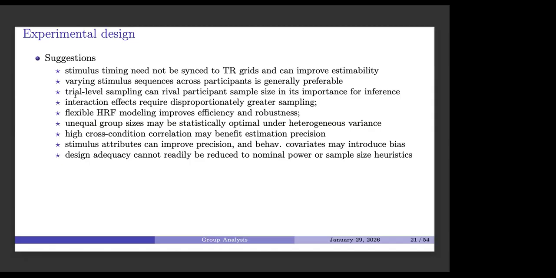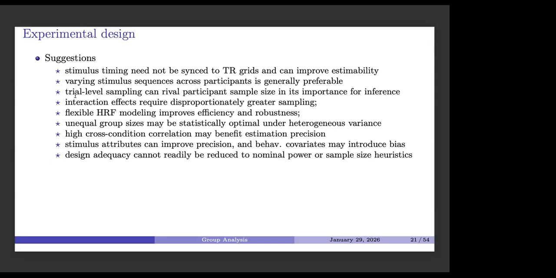The fourth one, interaction effects. If you care about interaction, you need way much larger sample sizes, both in trials and participants. Why is that? This has been pointed out a long time ago in general, but people tend to forget about it. Let me use a concrete example. Suppose you want to compare happy and sad.